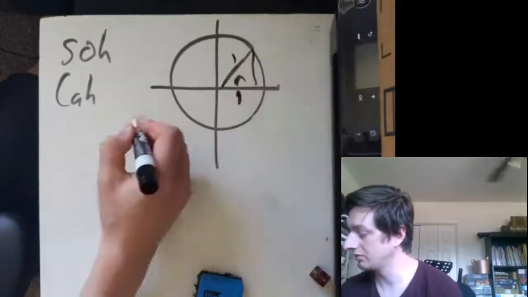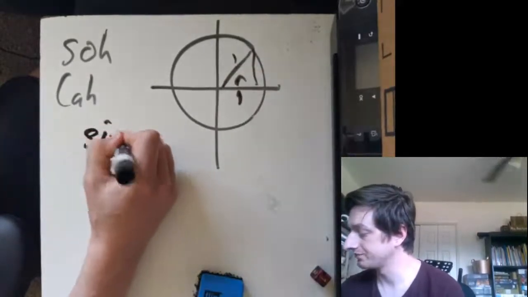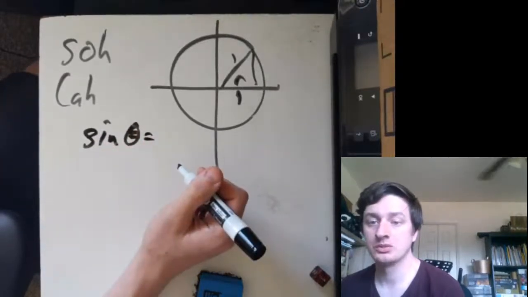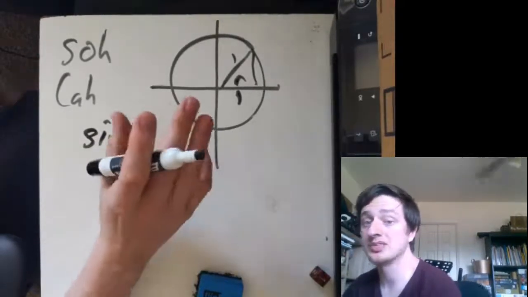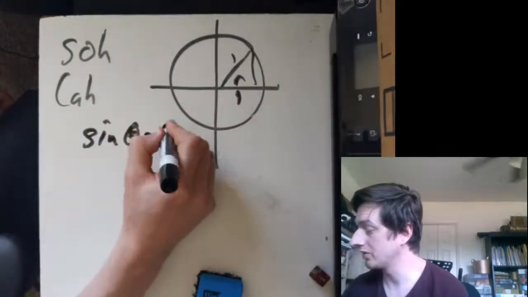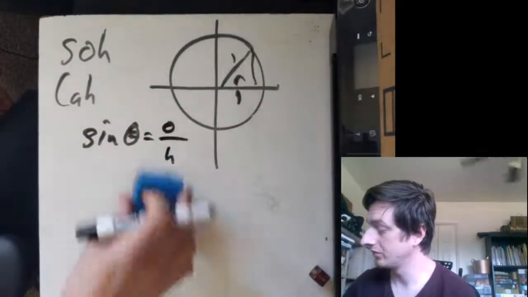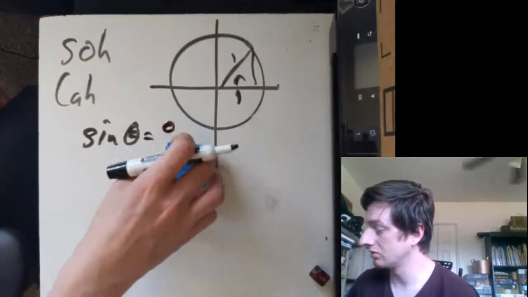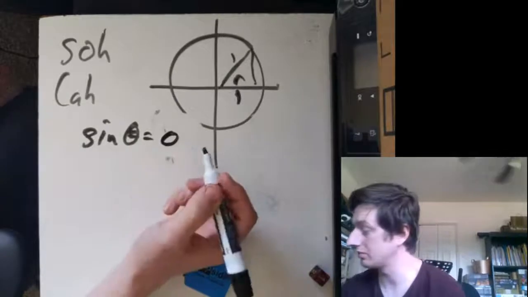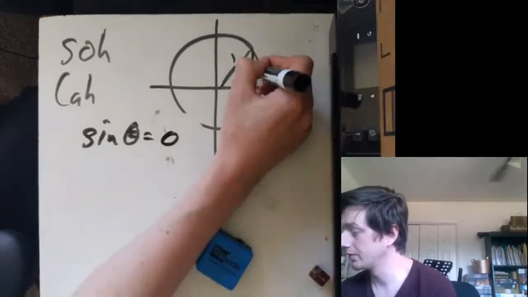So sine of whatever theta is always going to be the opposite side divided by the hypotenuse. And when the hypotenuse is 1, for the unit circle, it just becomes the opposite side. It becomes the height of this triangle, this O right here.